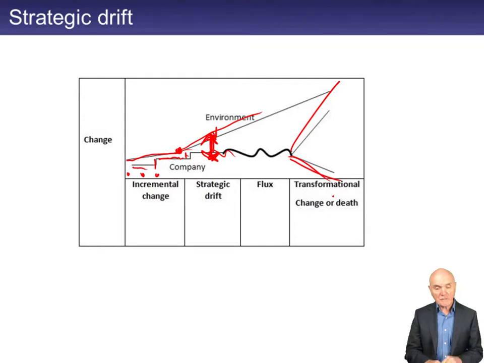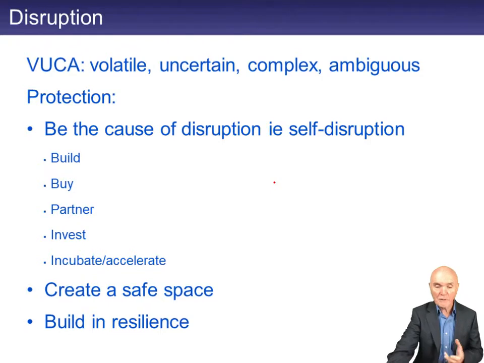Now, strategic drift implies a slow divergence. Sometimes it can be much faster, and the music one was almost fast, but what you can have is disruption. Disruption is where there's a sudden change in the business or the business activities, and it very often takes people by surprise.